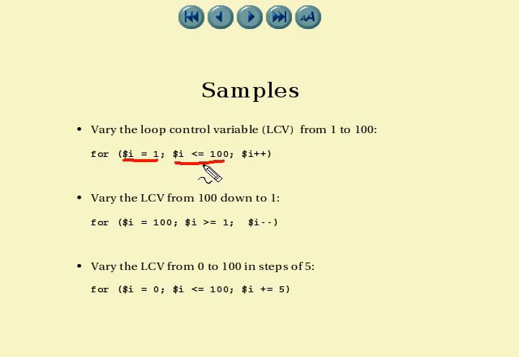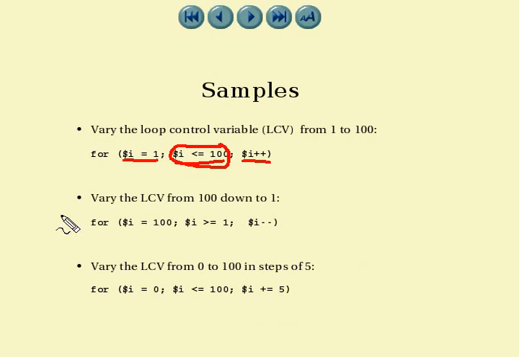The loop keeps going while I is less than or equal to 100, so it's sort of like a while loop, and every time through the loop I increments by 1. So first time through the loop I is equal to 1, then it's equal to 2, then 3, then 4, all the way up to 100. When I is equal to 100, it still goes through the loop. When it's equal to 101, it checks the condition, says, 101 is bigger than 100, and it jumps out.